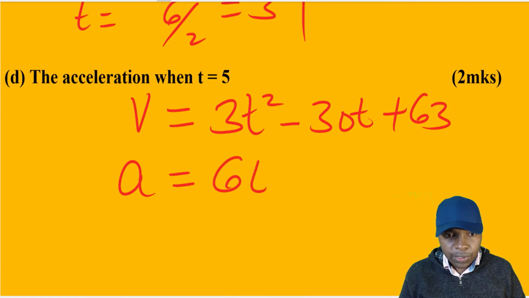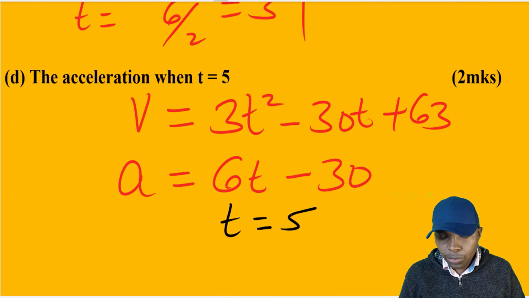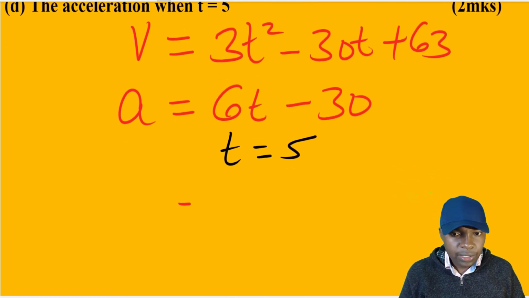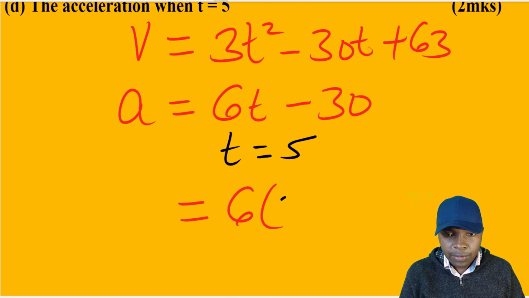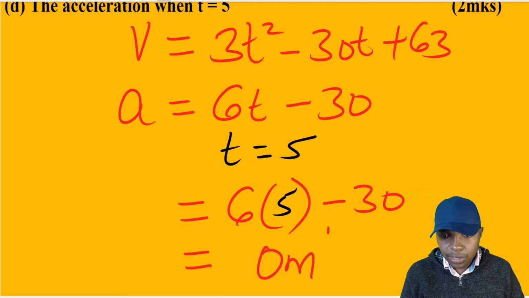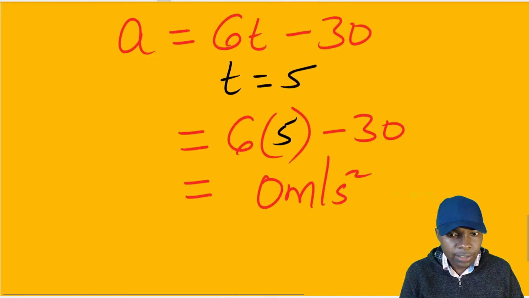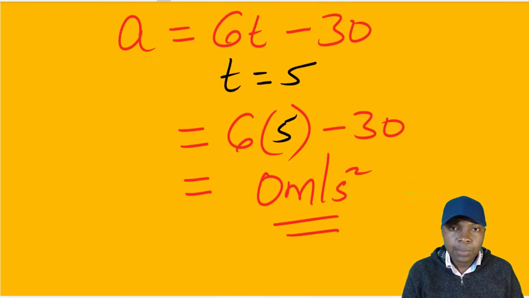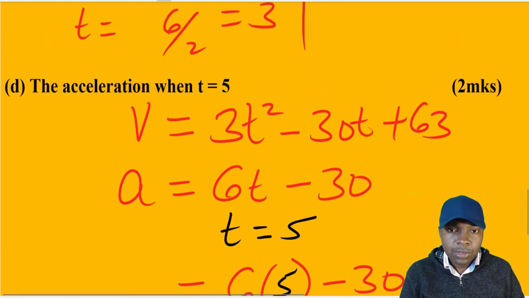Differentiating, we get 6t minus 30. Then we substitute t equals 5: 6 multiplied by 5 minus 30, which is 30 minus 30, giving 0 meters per second squared. And that is how you are supposed to solve that question on kinematics.